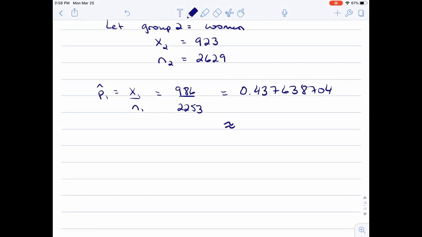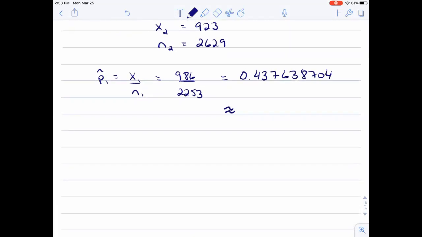I'm going to round this to 3 decimal places. If it's important, I'll tell you what to use. So 0.438, and I'll make a note of 3 decimal places.